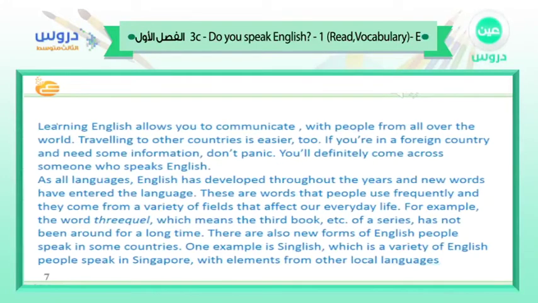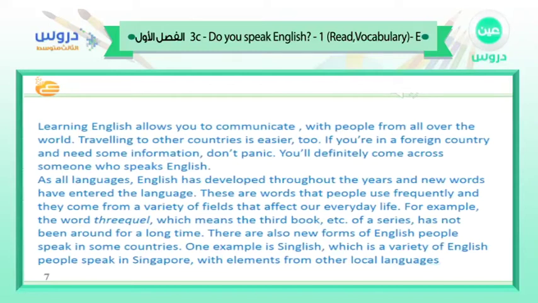Learning English allows you to communicate with people from all over the world. Travelling to other countries is easier too. If you're in a foreign country and need some information, don't panic. You'll definitely come across someone who speaks English. As all languages, English has developed throughout the years, and new words have entered the language.